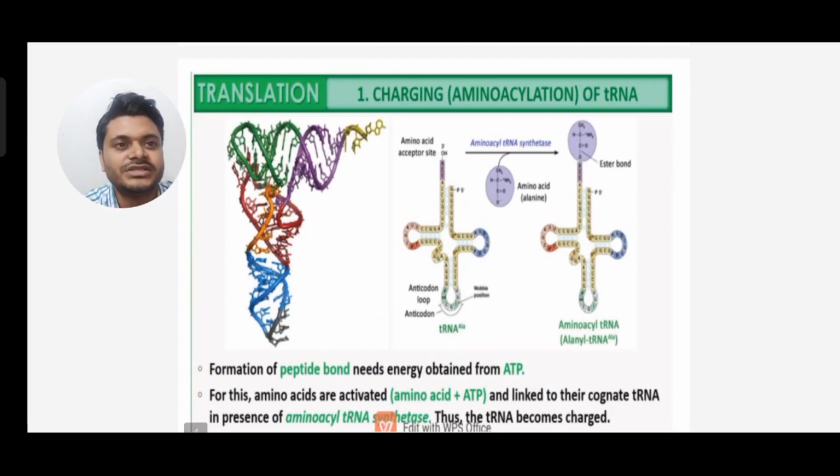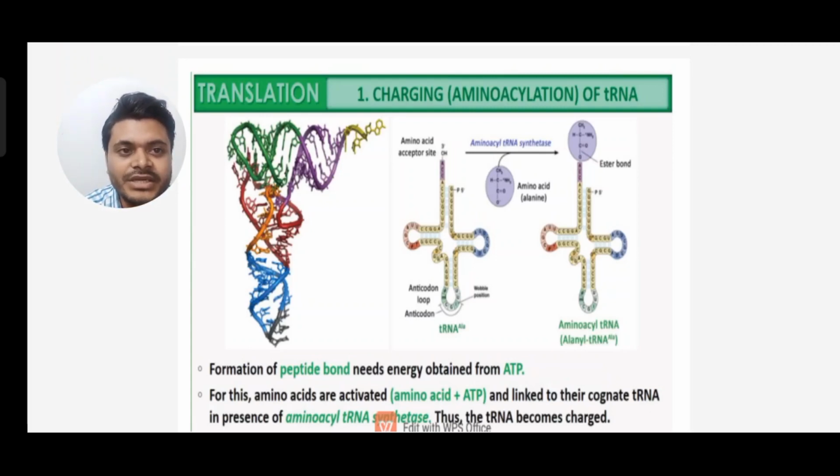First is charging, that is aminoacylation of tRNA. You can see the amino acid in the amino acid activating site, and the amino acid acceptor site. In the presence of the enzyme aminoacyl tRNA synthetase, tRNA is converted into aminoacyl tRNA, that is the charging of tRNA.